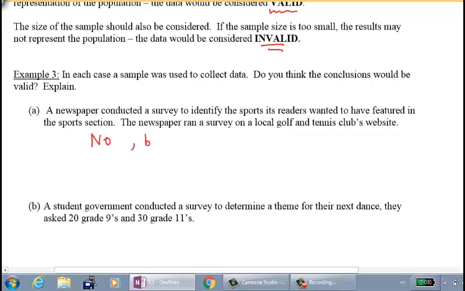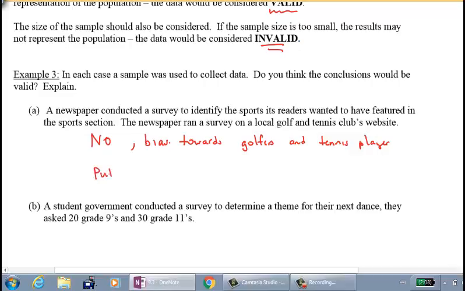Where's the bias here? Well, there's a bias towards those who play golf and tennis. Why would you only run the survey on those two websites? What should they do instead?